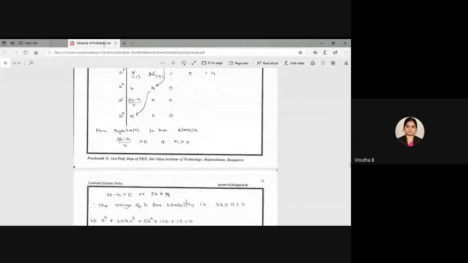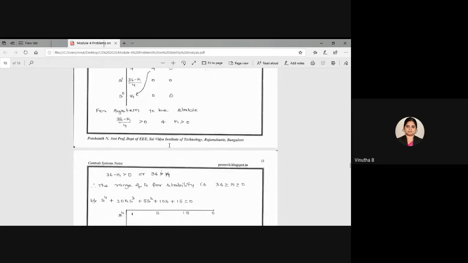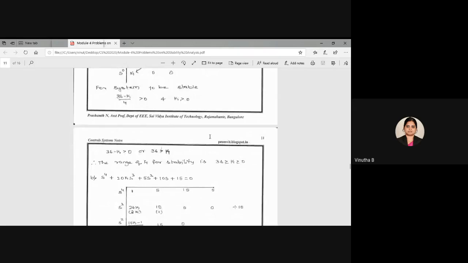So solve for that. You have got one minimum boundary where k should be greater than 0. And what about this? You will get k should be less than 36. So the range of k will be, k should lie between 0 and 36. It should be greater than 0 but less than 36, or less than or equal to 36.